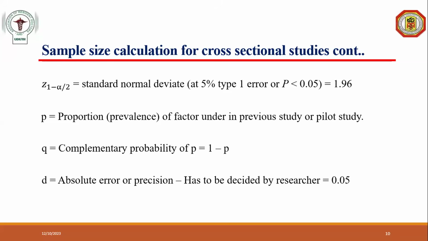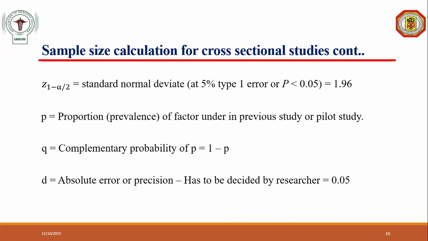So your P here will be the prevalence of malaria among pregnant women in a previous study. That previous study can be in any state, in any country, or can also be in Sokoto.